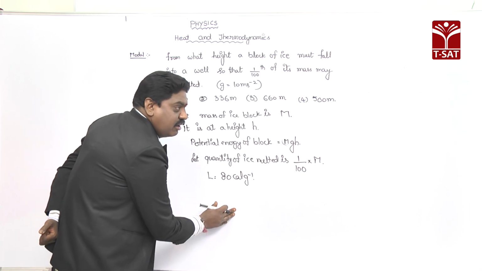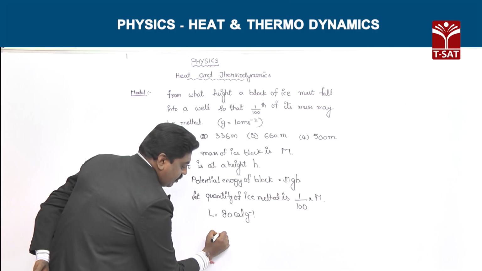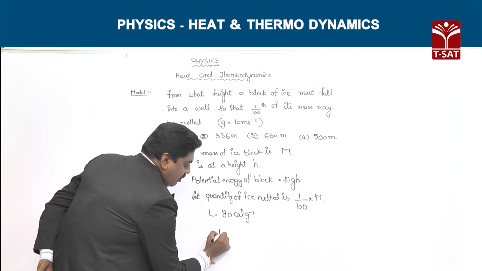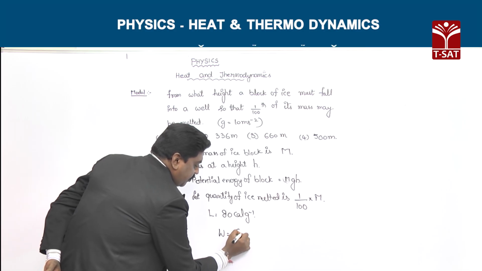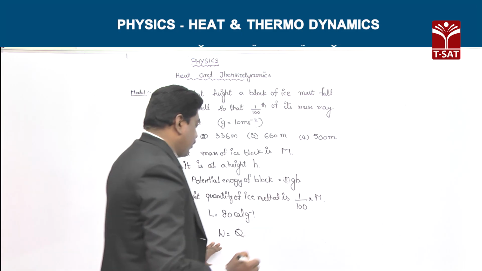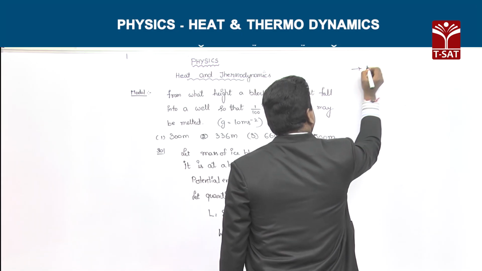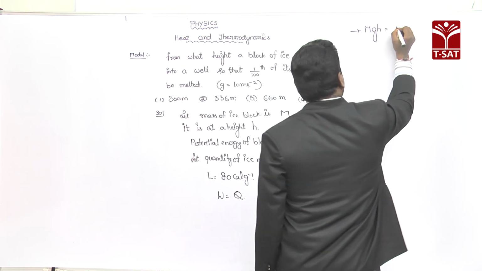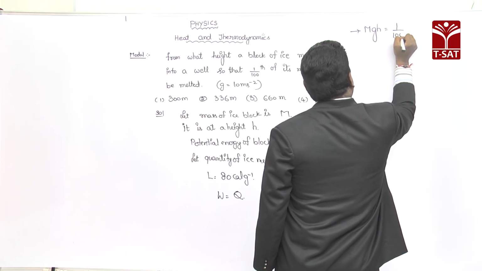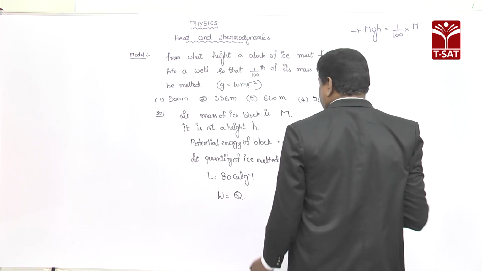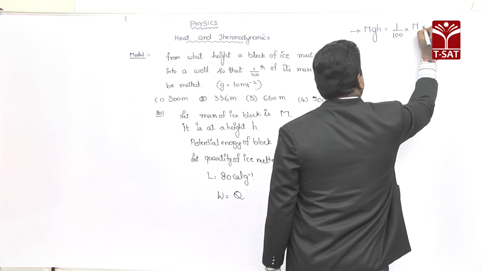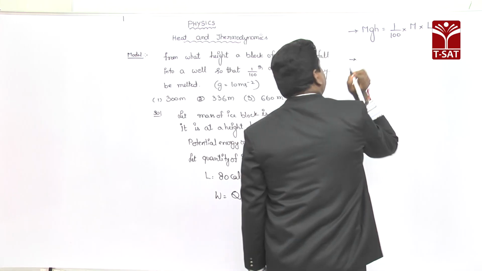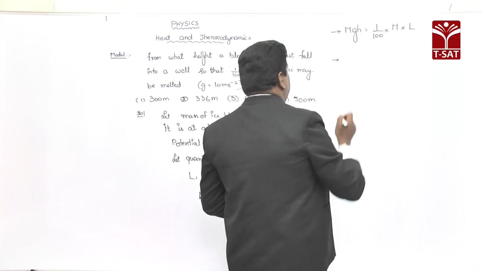From Joule's mechanical equivalent of heat, we are given W equals Q, from which we can get mgh is equal to 1/100th of the mass of the ice block into the latent heat. Let us substitute the values here.